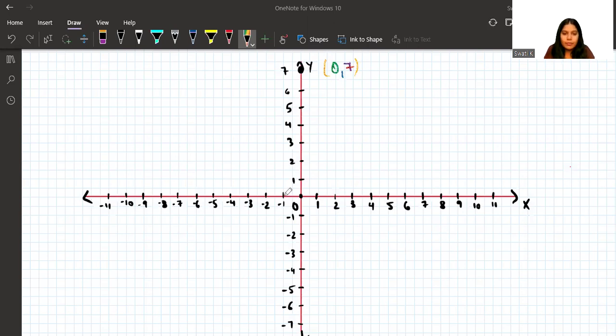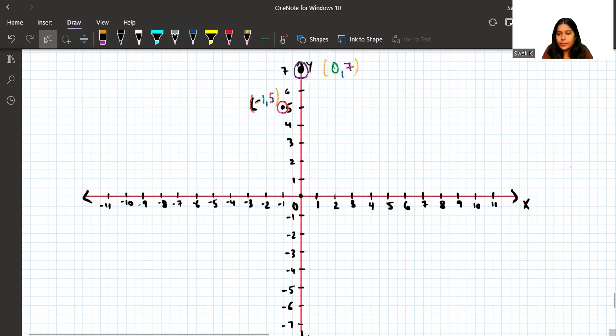So x is -1, which is this, and then 5 is here, right? So this is your point, and this will become (-1, 5). So we already have two points, this and this.